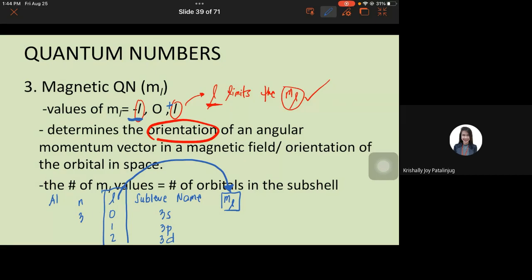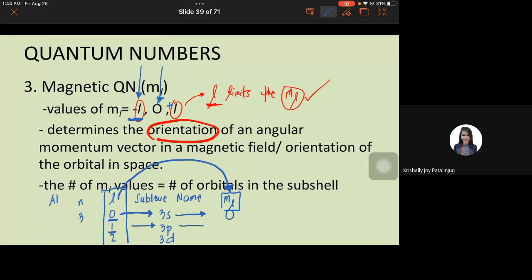If L is 0, a value of 0 doesn't have a negative and a positive, so only 0. So you simply write here, its m sub L would be 0, given the L, which is 0. Proceed to L is 1.